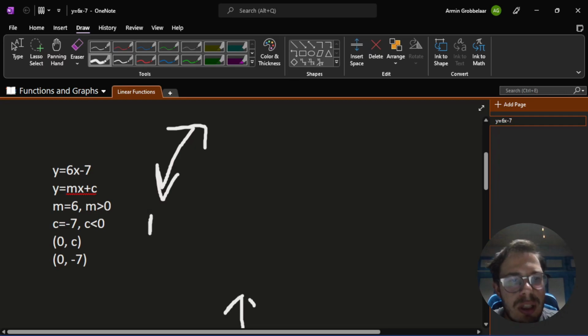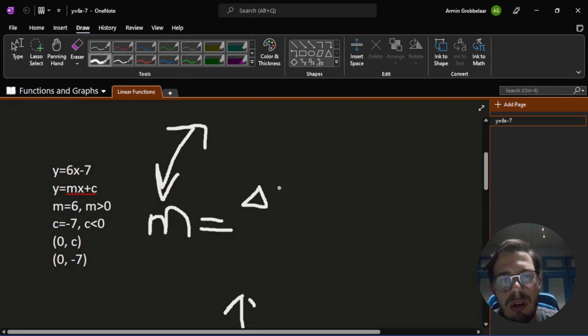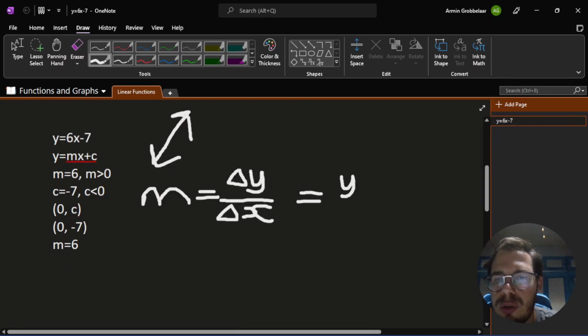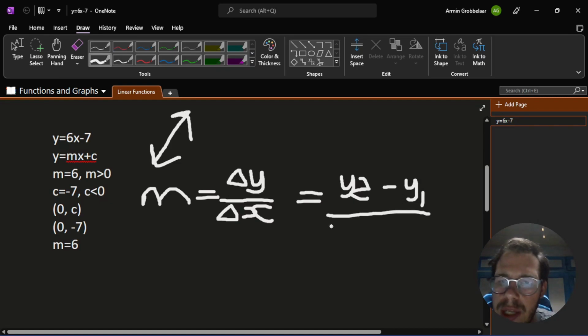So m is known as the gradient. So m is equal to the change in y over the change in x. So that is equal to y2 minus y1 divided by x2 minus x1.